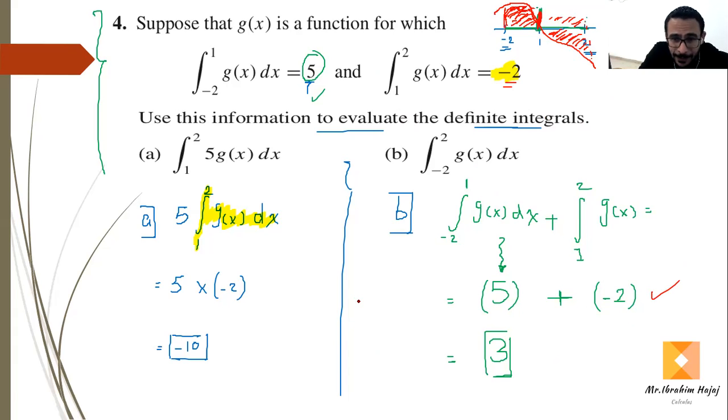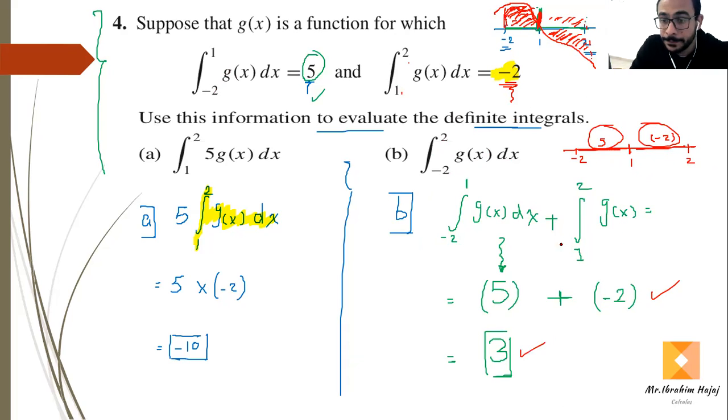Mister, the integral from 1 to negative 2, how did you get it? Integral from what? From -2 till 2. It's normal, from -2 till 2. He gave me above from -2 till 1. Here this is 5, and from 1 to 2 this part is -2. Its area is -2. Add up 5 and the -2 gives 3.